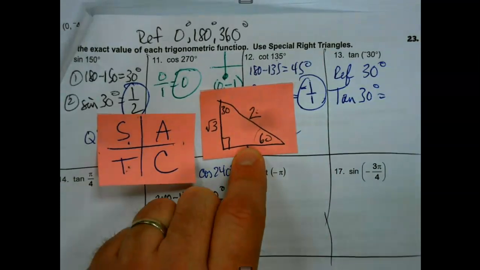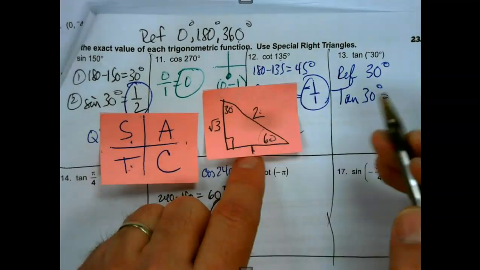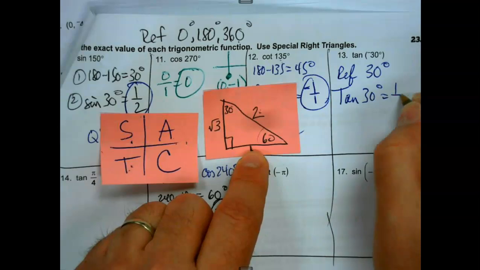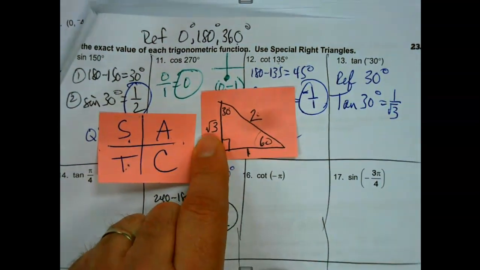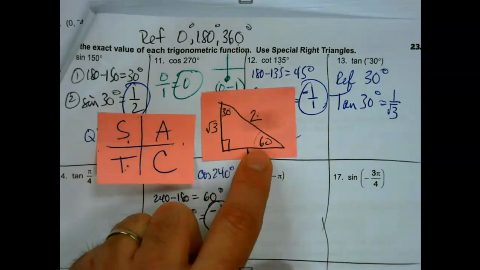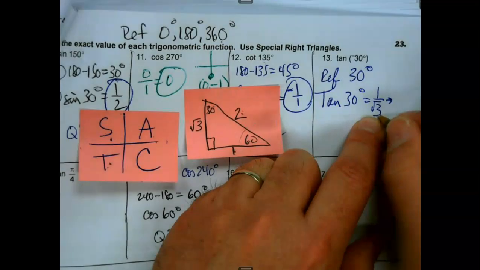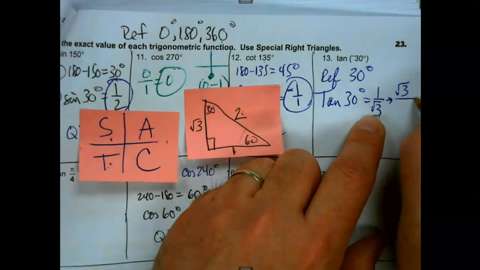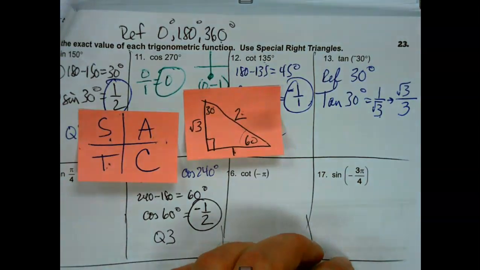Just saying. Okay, so the tangent of 30. Opposite over adjacent. All right, we're going to have to fix this. Opposite over adjacent. Radical to the top. Lose it down here. That's nice.